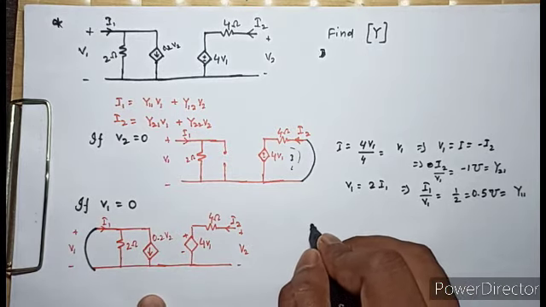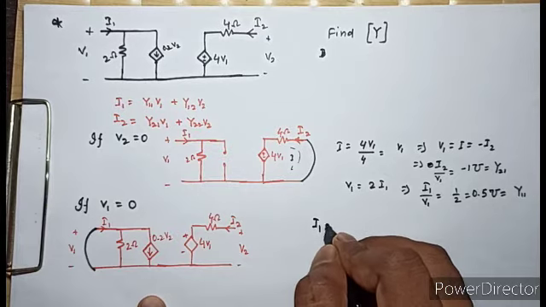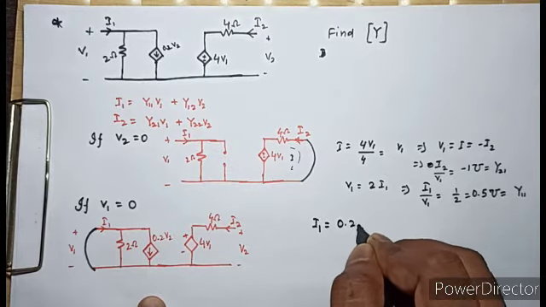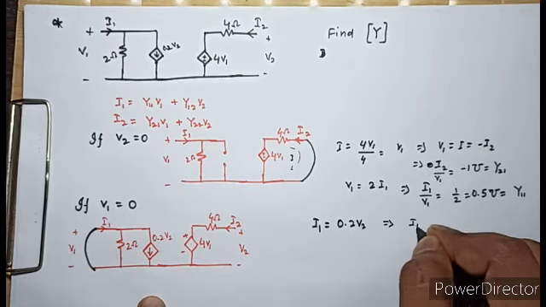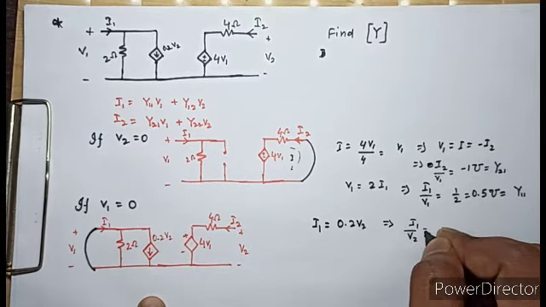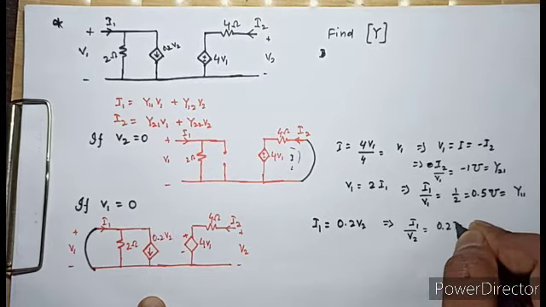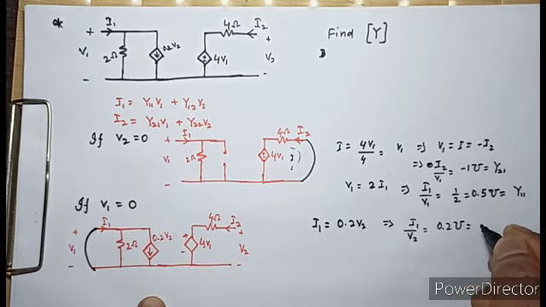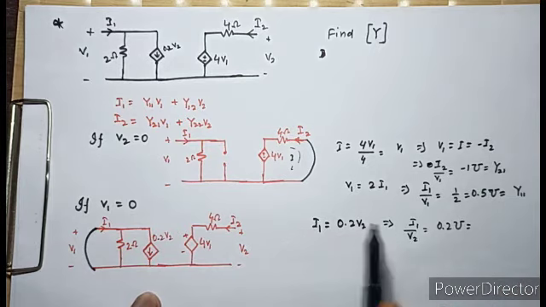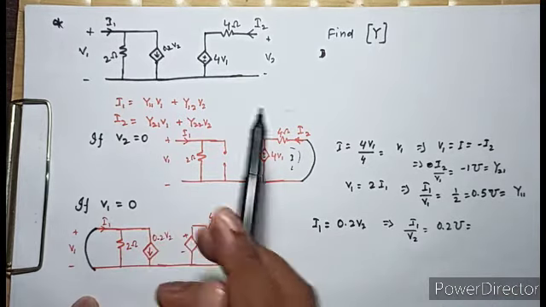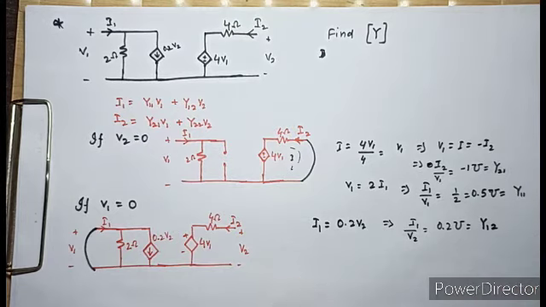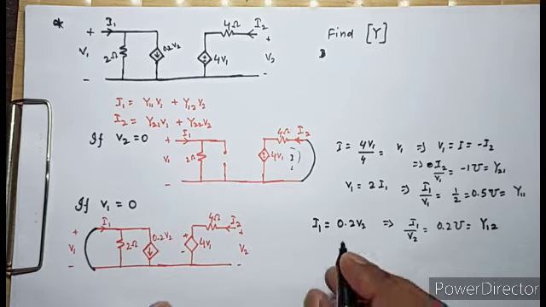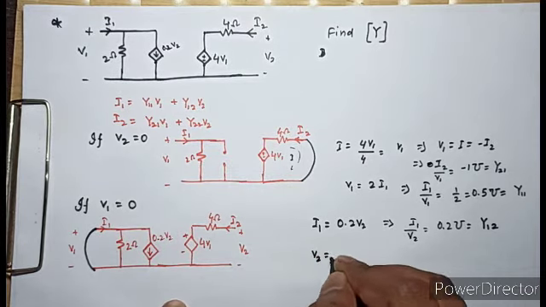Means I1 will become 0.2 V2, and from here I1 by V2 is equal to 0.2. Now this quantity I1 by V2 is what? Our Y12, right?